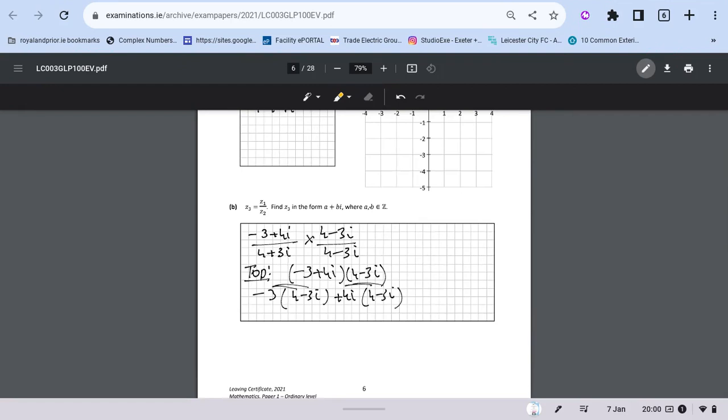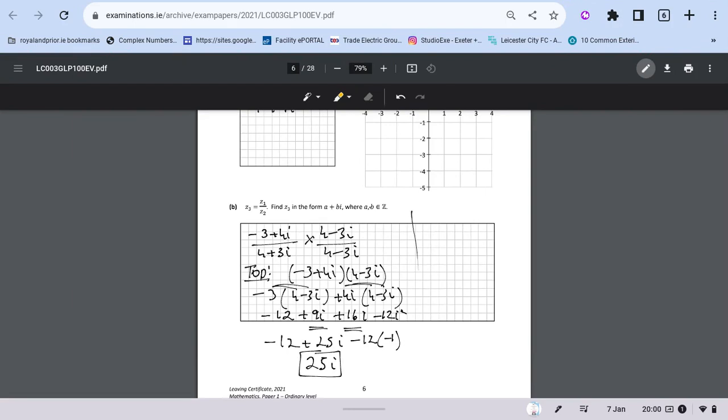Now once we see i squared, remember, alarm bells are ringing because I'm going to sub in minus 1. 9i and 16i give me 25i, and then minus 12, and from i squared being minus 1, that becomes minus 12 plus 12. There you go, 25i on the top line.